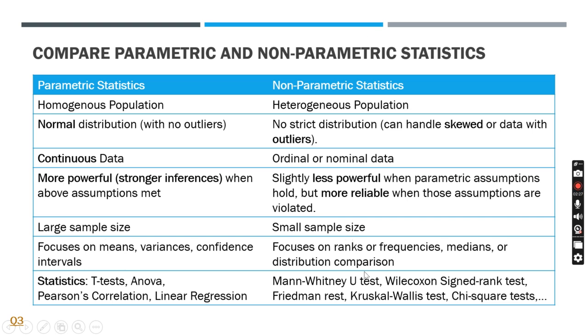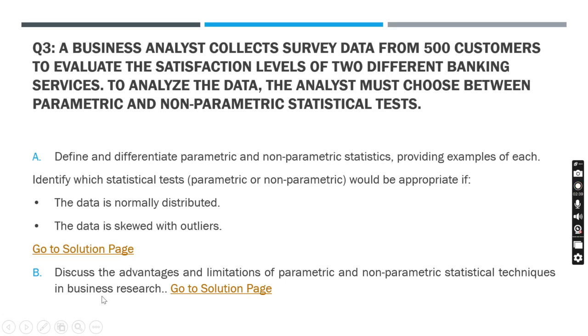If the data is skewed, it is better to use non-parametric, and the most appropriate test will be the Mann-Whitney U-test, because we are also comparing two different groups.